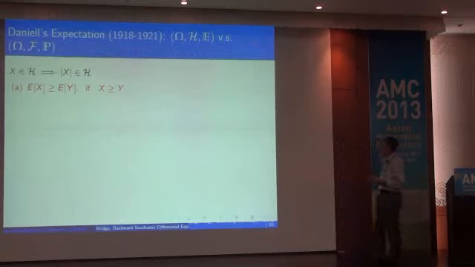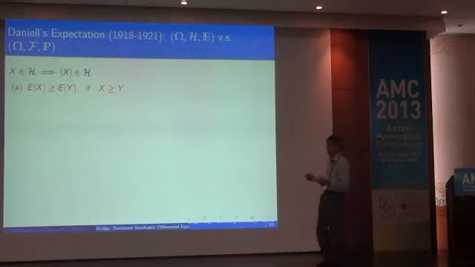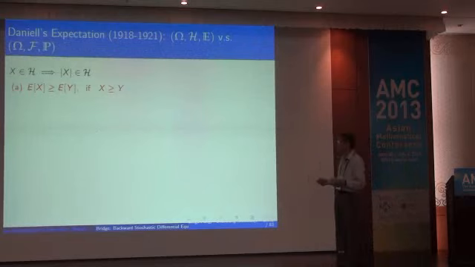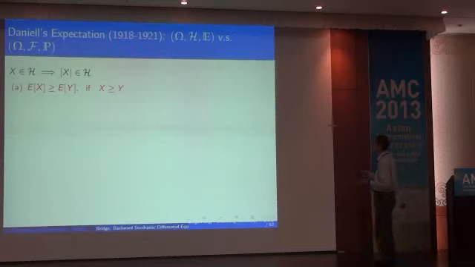The theory comes even earlier than the common law. The theorem is simple because in that year, in 1921, there was Daniell's expectation or Daniell's integral.